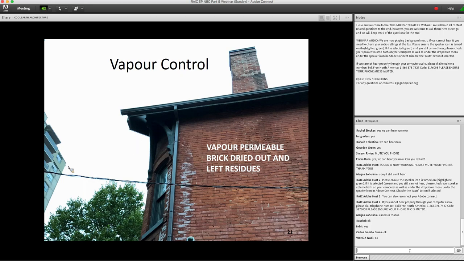So the water is out, but then there are some residues of the water that was coming in. That's the white thing that we see on the bricks. So this shows a process of vapor diffusion, how the vapor works.